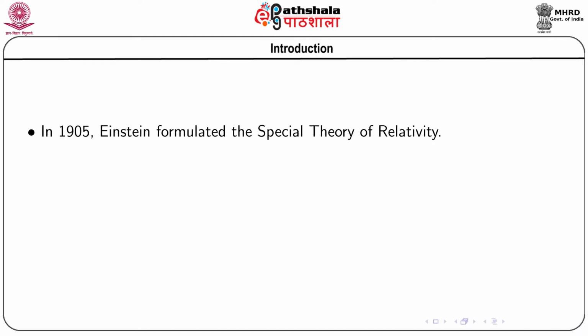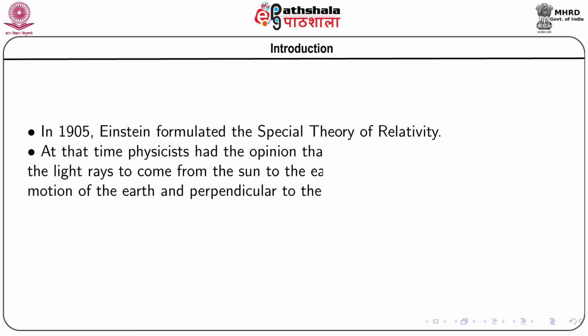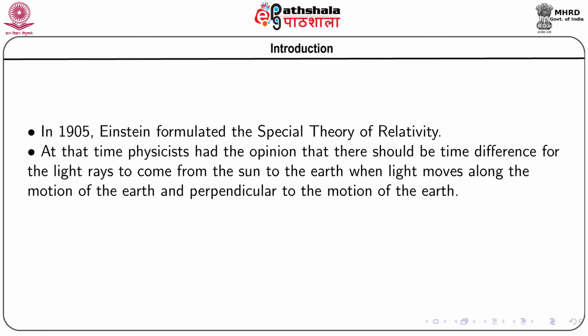Now, in 1905, Einstein formulated the special theory of relativity. At that time, physicists had the opinion that there should be a time difference for the light rays to come from the sun to the earth when light moves along the motion of the earth and perpendicular to the motion of the earth.